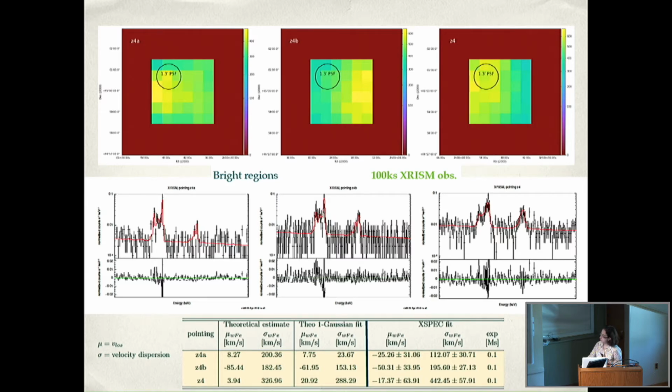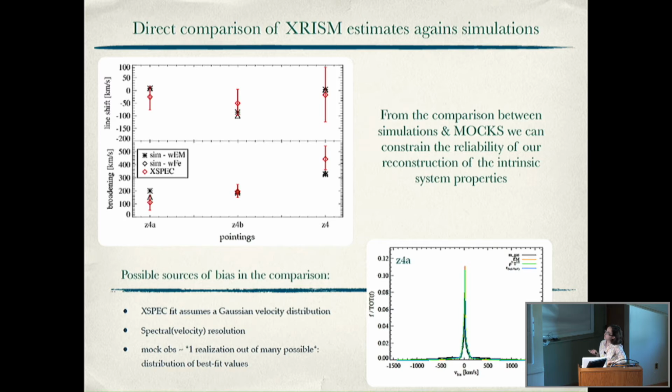To compare the results from the fit with the simulation, you can first of all use different weighting schemes from the simulations, but this doesn't change too much between emission measure and iron line emissivity. And I would say that for the best pointings, the XSPEC reconstructions are more or less all consistent with the expectations within 1 sigma, or slightly more in a few cases.